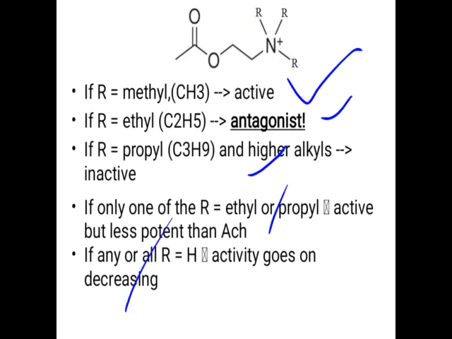And again, if only one group is hydrogen and the others are CH3 groups, then also it reduces the activity. So the main part regarding SAR of the quaternary ammonium is that it should be nitrogen with positive charge and should have the 3 methyl groups in its structure.